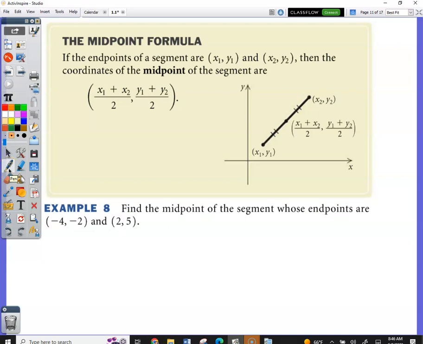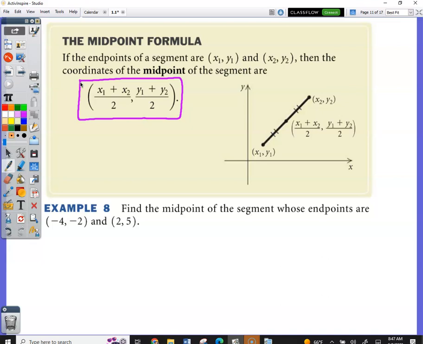Point in the middle, which means if you add the numbers up and divide by 2, that's the middle, right? Here is the textbook formula for midpoint. I wouldn't suggest memorizing it because it's as simple as, hey, I just add the x's, divide by 2, add the y's, divide by 2.